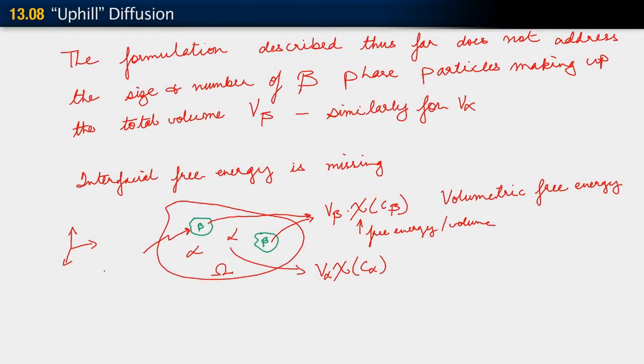So in a 3D setting, there's a certain free energy associated with that interfacial surface between alpha and beta. So there is an interfacial free energy, which I am going to denote by uppercase gamma.